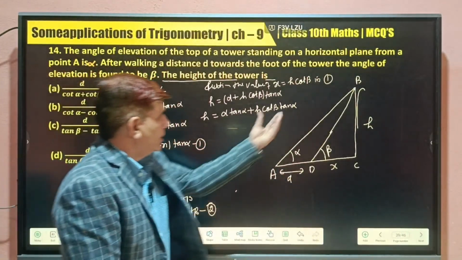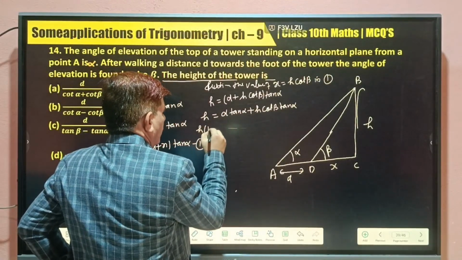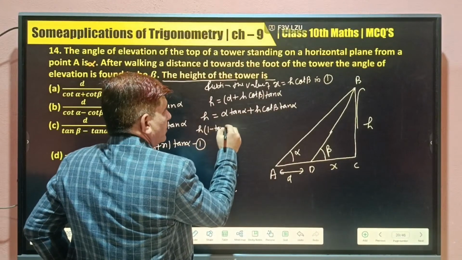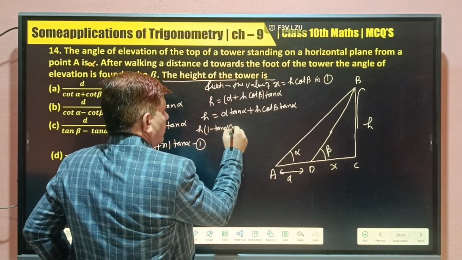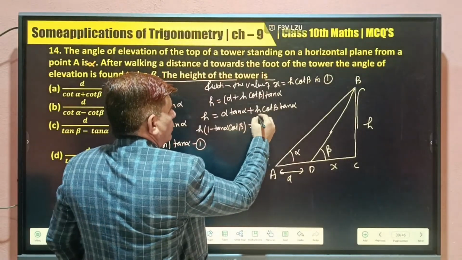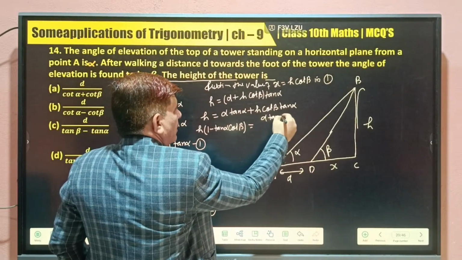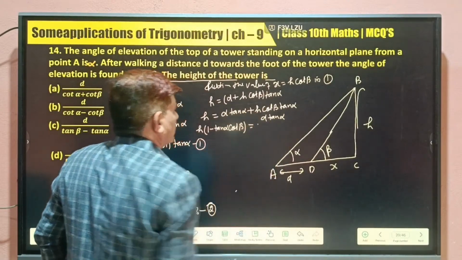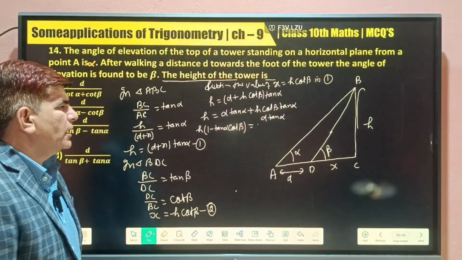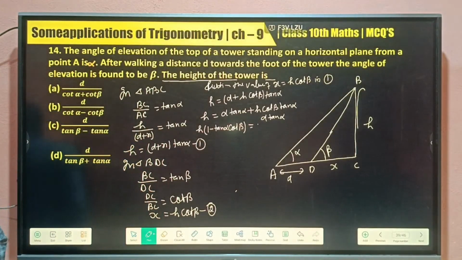Bring this to this side, H taken common: H times 1 minus tangent alpha cot beta equals D tangent alpha.